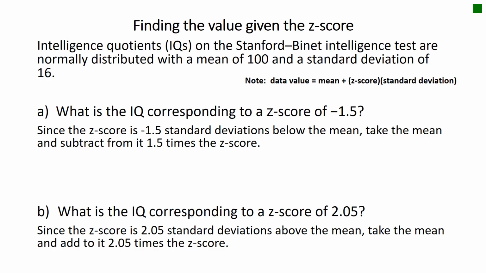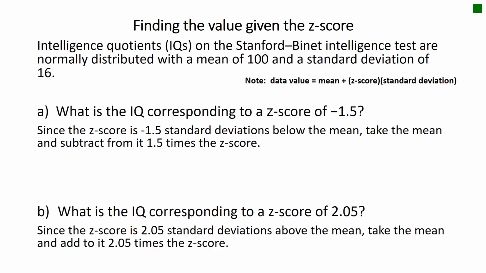Finding the value given the z-score. IQs on the Stanford-Binet intelligence test are normally distributed with a mean of 100 and a standard deviation of 16. What is the IQ score corresponding to a z-score of negative 1.5?